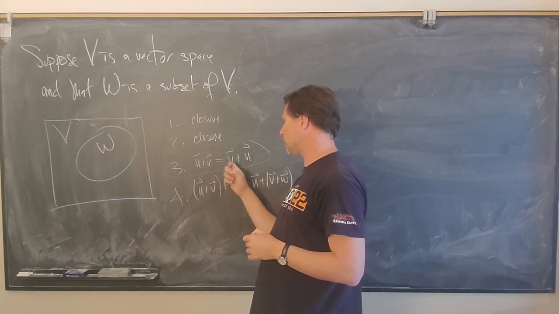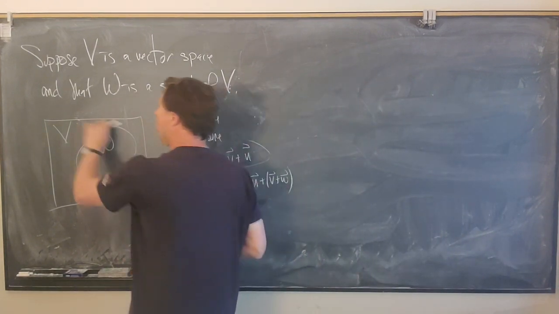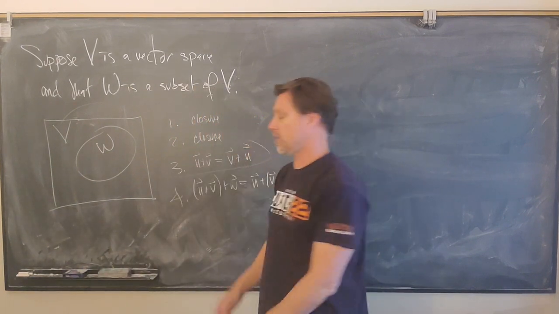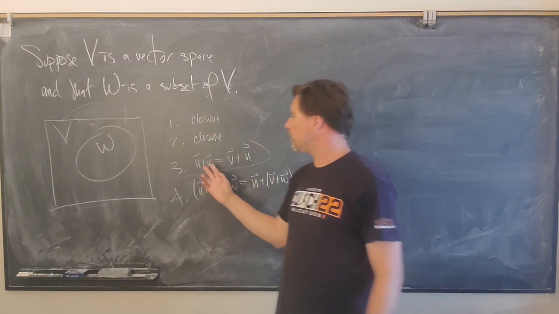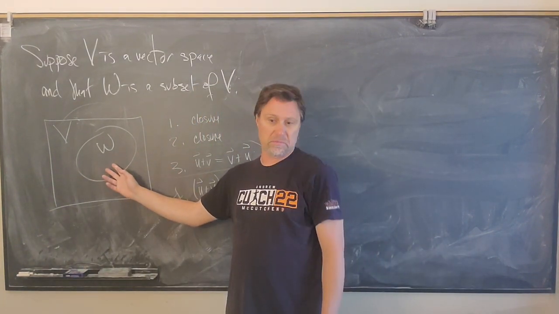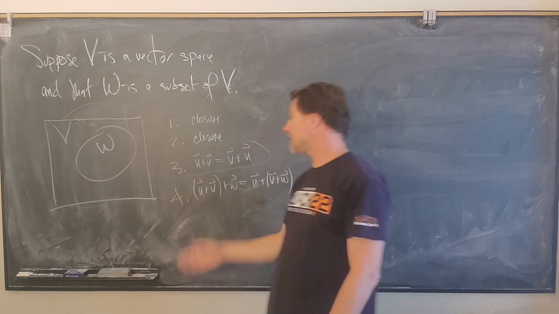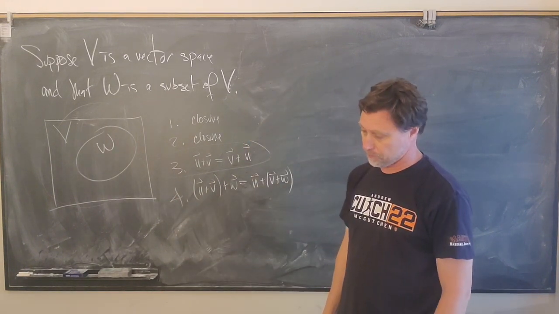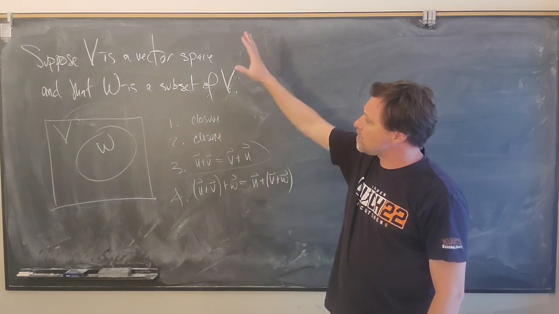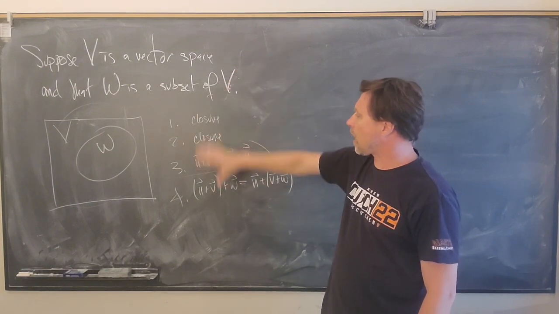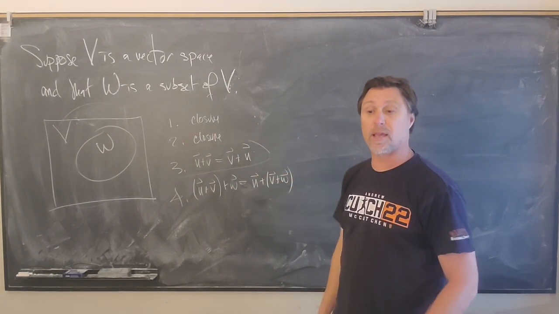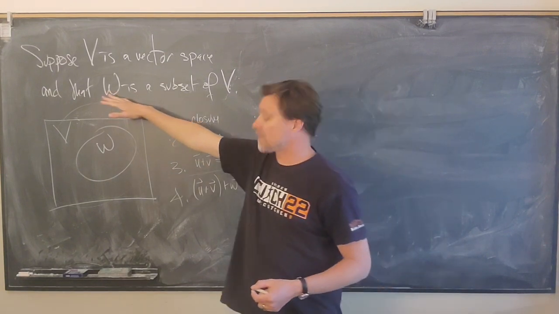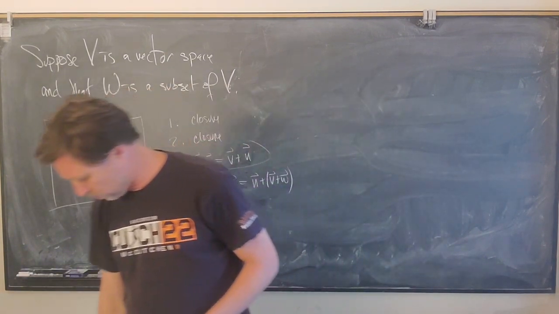If U plus V equals V plus U for all possible vectors inside capital V, then in particular, if you have vectors inside W, the commutative property holds. Same thing with associativity. So in fact, there are a number of the axioms for vector spaces that hold within subsets. Let me list them.